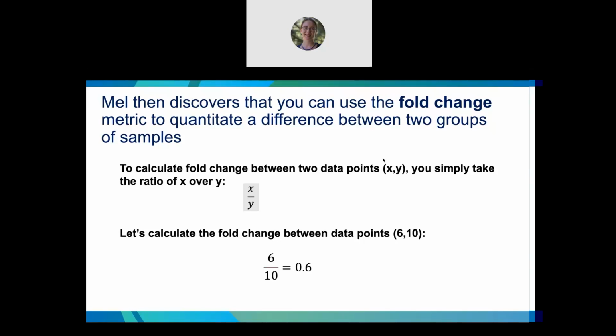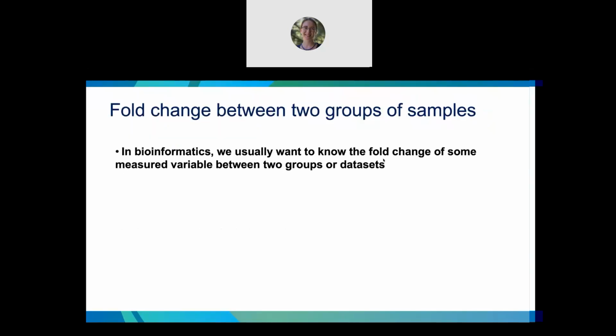So this is very, very simple. What if you have only 2 data points? Generally, we don't have 2 data points, though. In general, what we want to know is the fold change between 2 groups of samples. For example, we were just talking about the iris species. We want to quantitate the difference in sepal length between groups of iris samples.